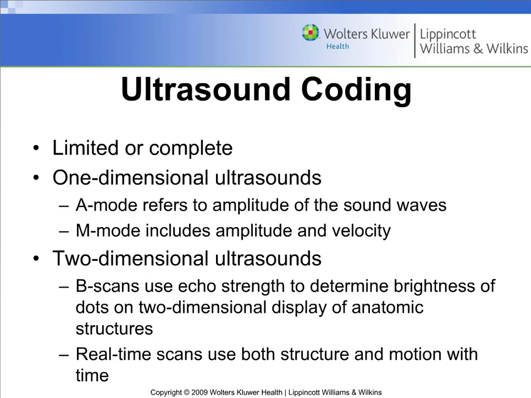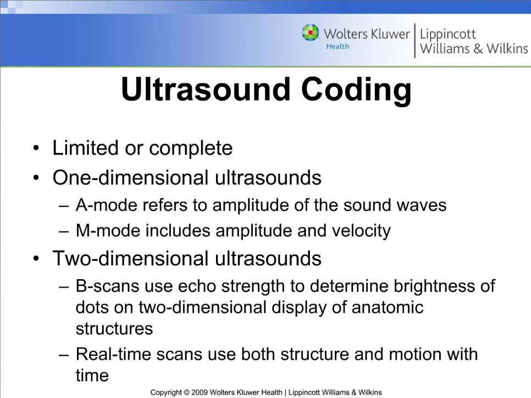Two-dimensional ultrasounds are B scans and real-time scans. Similar to the M mode, the B scans use the brightness of the dots that are determined by the echo strength. So the B scans again use the echo strength to determine the brightness of the dots on a two-dimensional display of anatomic structures.